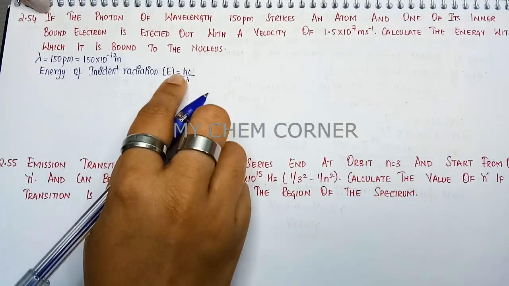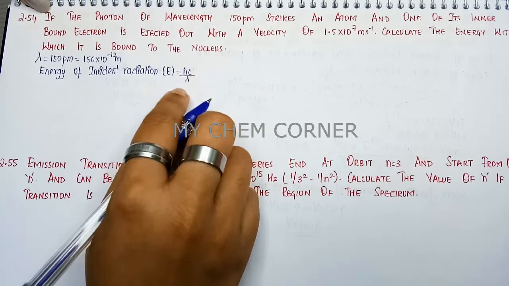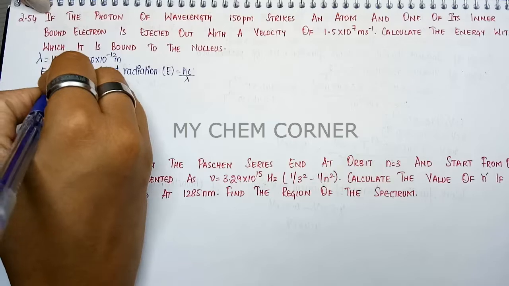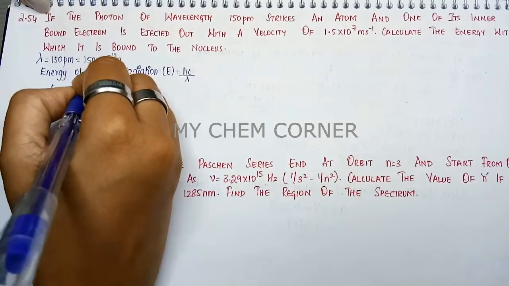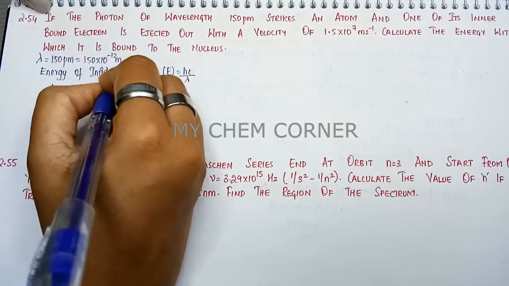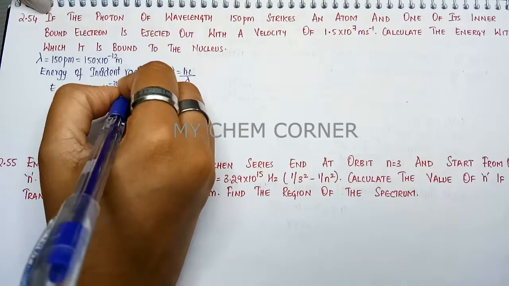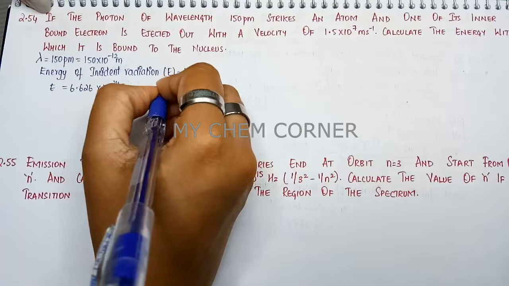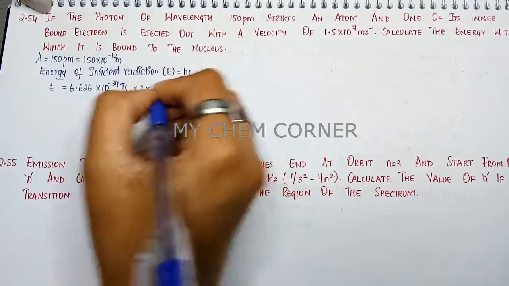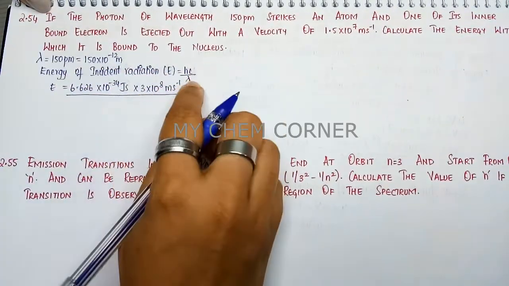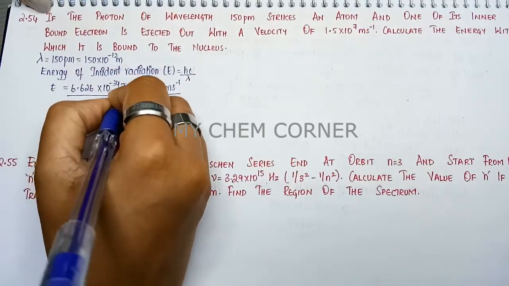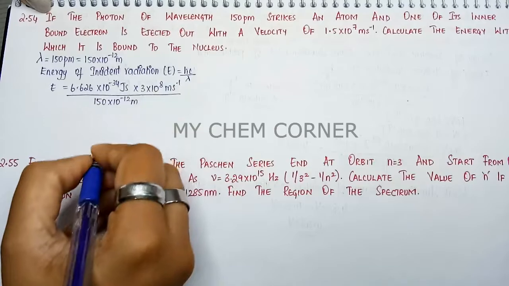H is Planck's constant, c is the velocity of light, lambda is the wavelength given here. Let's substitute the values. So this is 6.626 × 10^-34 joule second into the velocity of light, which is 3 × 10^8 meter per second, divided by the lambda value, 150 × 10^-12 meter.